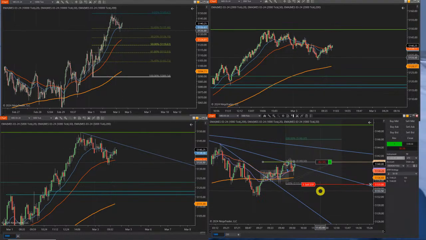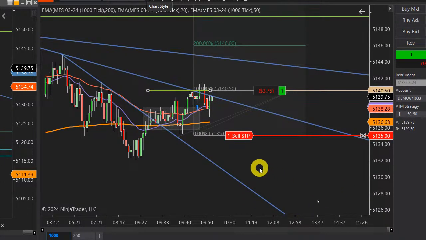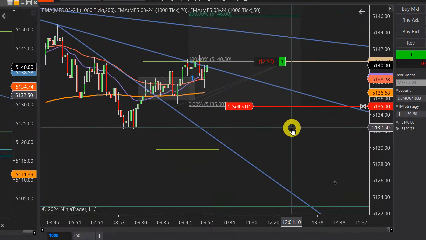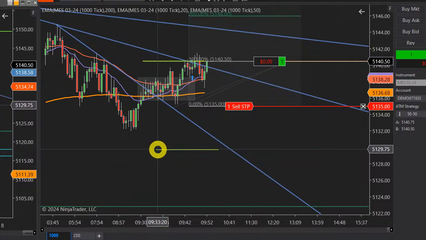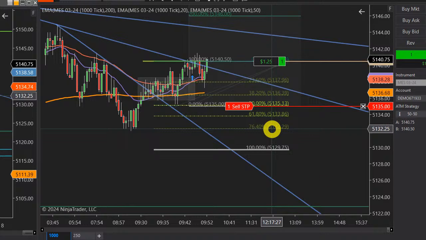If I were to get in here and it drops down to here, and I say I want to get in even if it sweeps lower, and say I'll add to my position here, that would make my average price, let's see, it's not that hard to find 50% here. There it is. Yeah, right there where my stop loss is at.